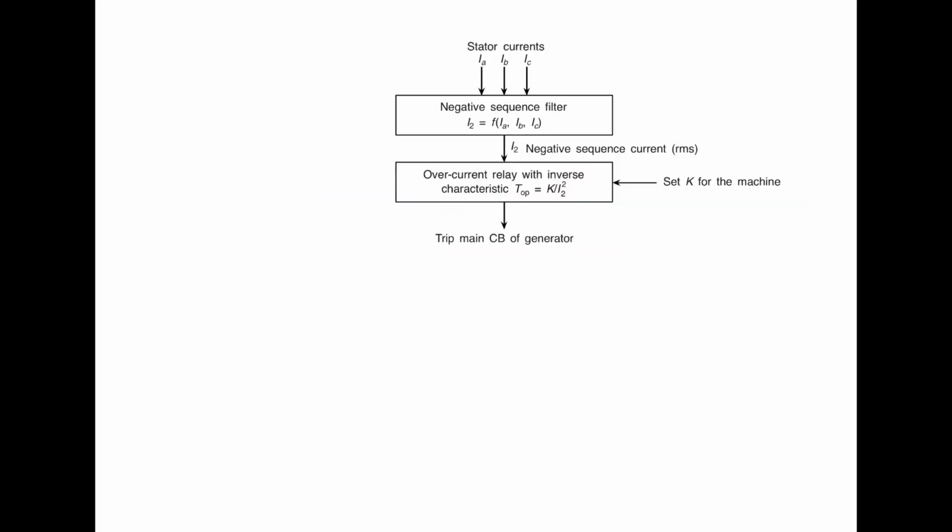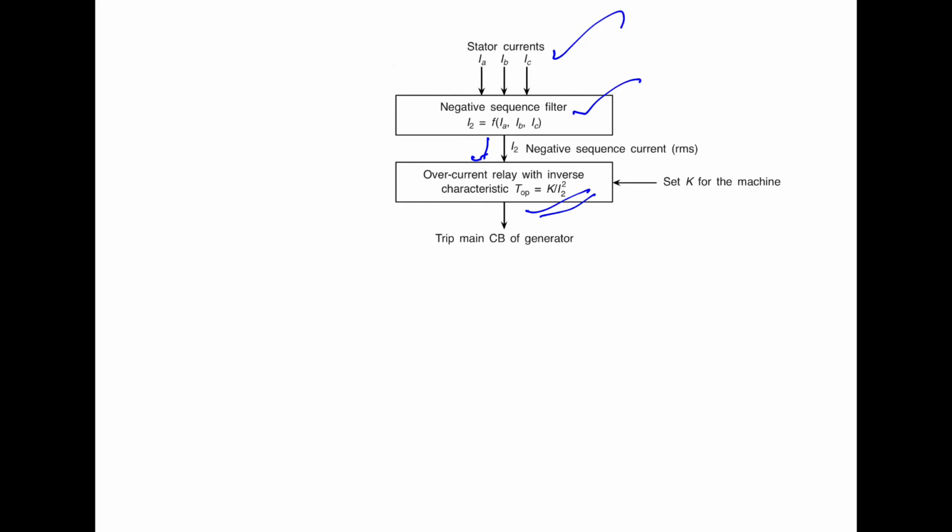What we do in this protection is take the stator currents and find out the negative sequence using a negative sequence filter. Since the characteristic of this relay is the extremely inverse type, an inverse type overcurrent relay fed with this negative sequence component will definitely give protection against the unbalanced loading of the generator.